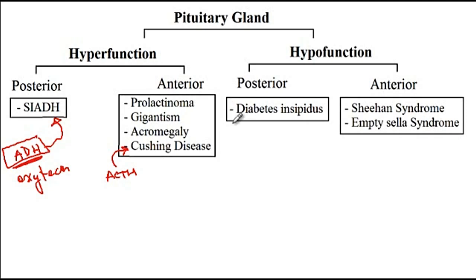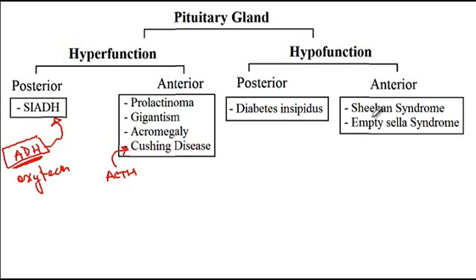So the first condition is Sheehan syndrome, which is due to the postpartum hemorrhagic infarction of the pituitary gland. So after the mother gives birth to a child, if there is too much bleeding, then there would be decreased blood supply to the pituitary gland from excessive bleeding, as a consequence of which patients will have infarction of their pituitary gland.